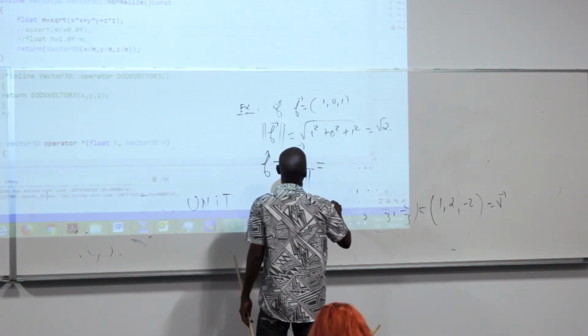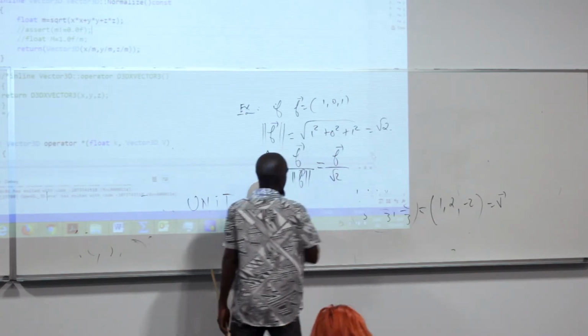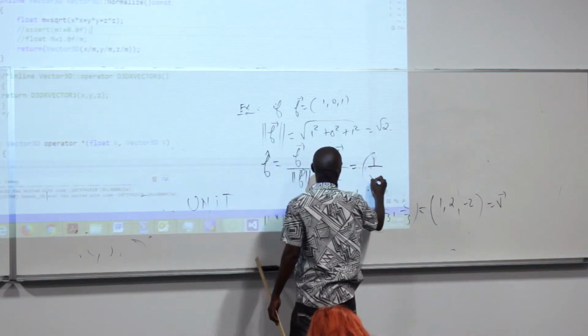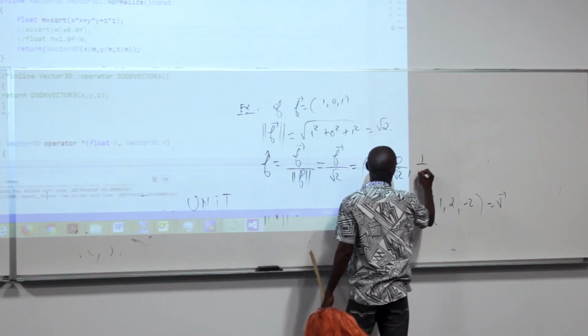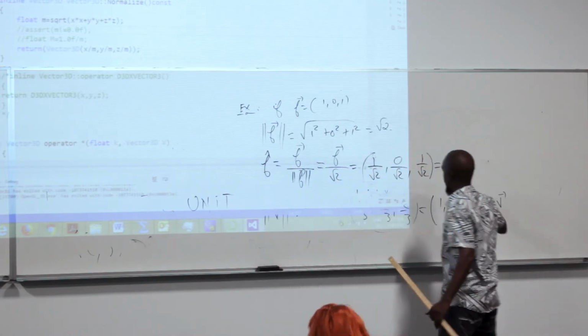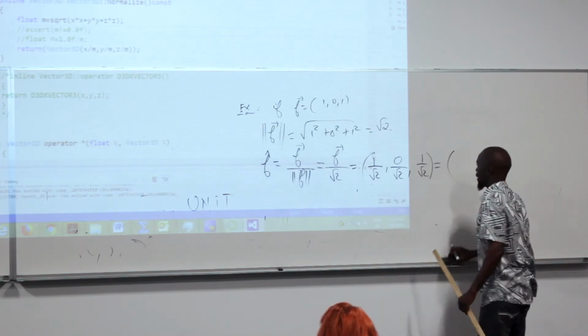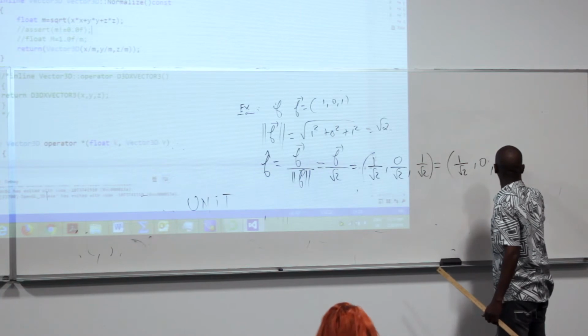That is the square root of 2, and applied inside it gives you 1 over the square root of 2, 0 over the square root of 2, and 1 over the square root of 2. Simplified, it is 1 over the square root of 2, 0, and 1 over the square root of 2.